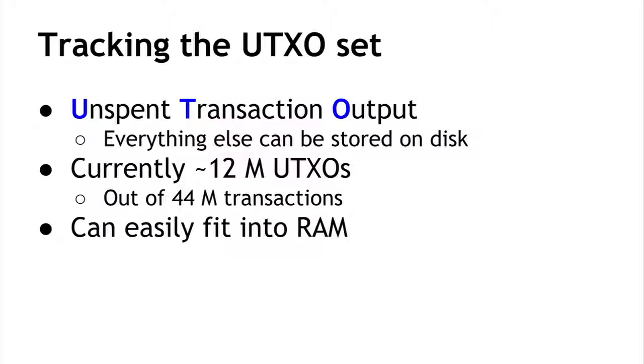So currently there are about 12 million unspent transactions, and that's out of 44 million transactions that have ever been proposed. So fortunately, that's still small enough to fit in less than a gigabyte of RAM in an efficient data structure, so that if you're running a fully validating node, every time you hear about a new transaction, you can quickly check, run the redemption script, and see that this is a valid transaction that you should put in your pending transaction pool.